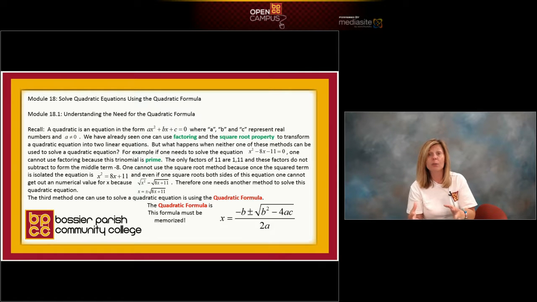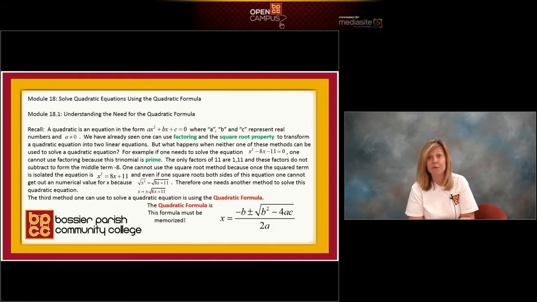Okay? There's formulas all over the place. All a formula is an equation that has several variables, and you substitute those variables with numbers, and then you do the calculation. So there is a formula called the quadratic formula, and the quadratic formula is used to solve quadratic equations. It can't be used to solve any other equation, just a quadratic equation.